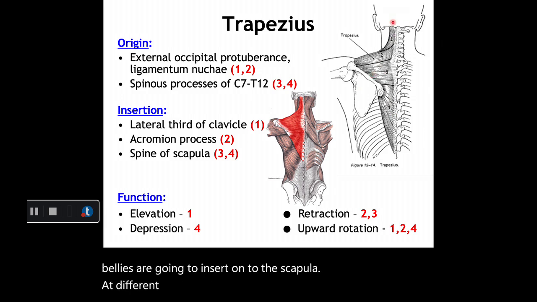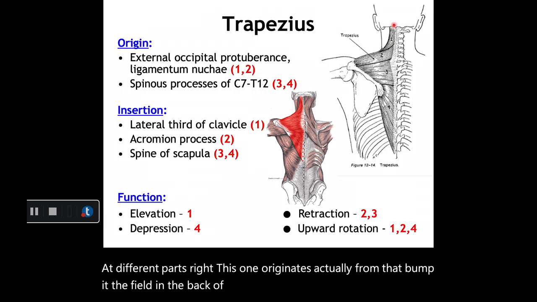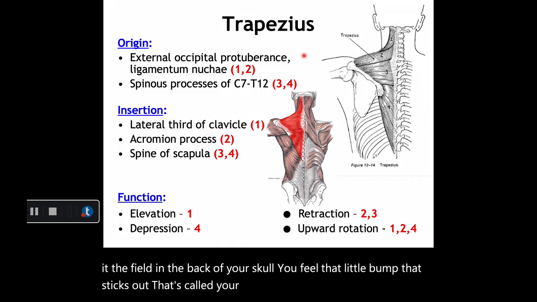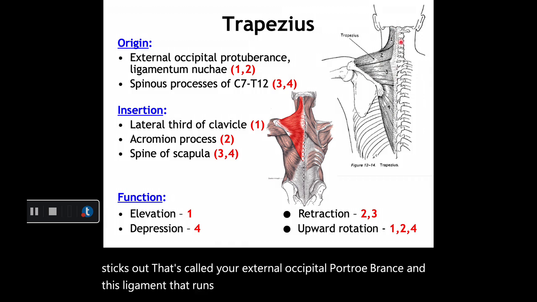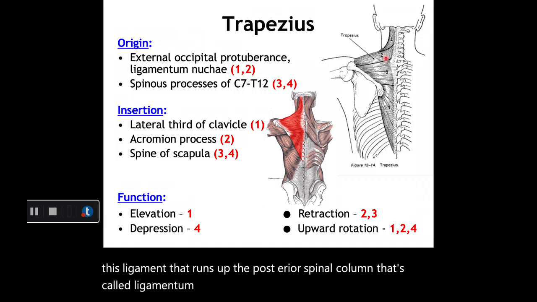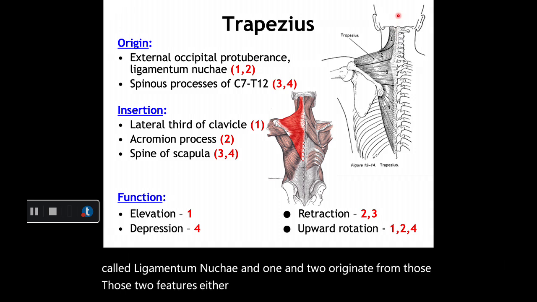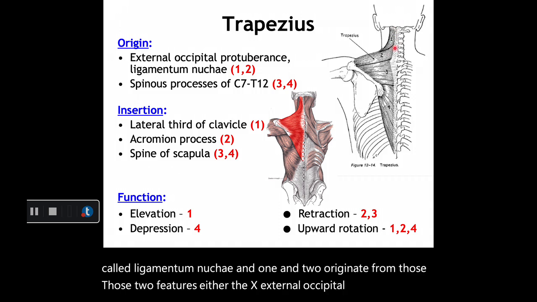Right? This one originates actually from that bump. If you feel on the back of your skull, you feel that little bump that sticks out. That's called your external occipital protuberance. And this ligament that runs up the posterior spinal column, that's called ligamentum nuchae. And 1 and 2 originate from those 2 features, either the external occipital protuberance or ligamentum nuchae.